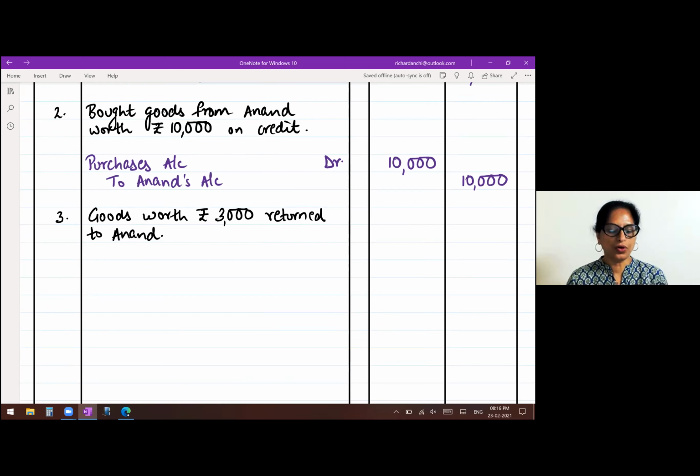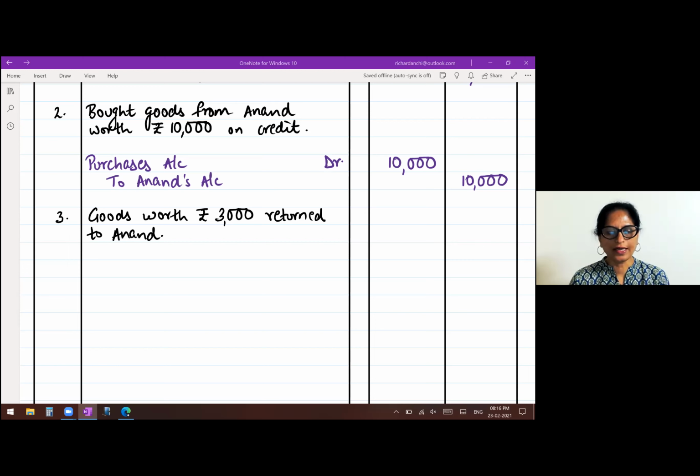So there are two accounts here. One is Anand, clearly, as we are returning goods to him. Okay, and since they are returned, goods are going out of the business, so it is called return outward. Okay, so Anand, a personal account, is the receiver. So if he is the receiver, according to the rule, his account will be debited.